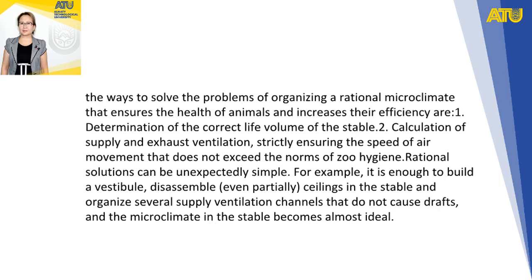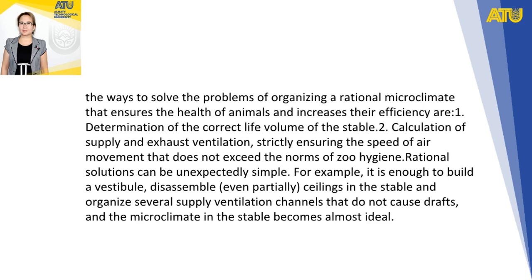The ways to solve the problems of organizing a rational microclimate that ensures the health of animals and increases their efficiency are: 1. Determination of the correct life volume of the stable. 2. Calculation of supply and exhaust ventilation, strictly ensuring the speed of air movement that does not exceed the norms of zoo hygiene.